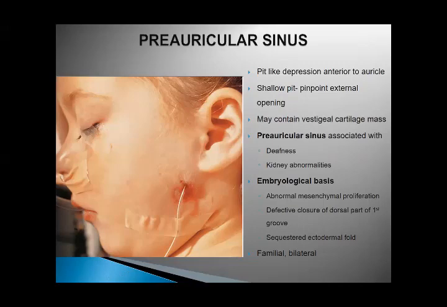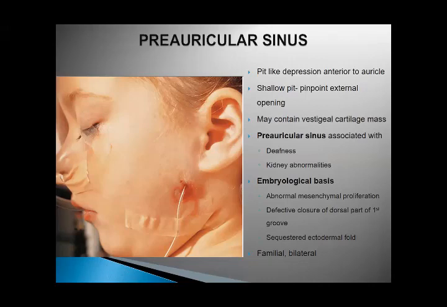ठीक है. अब why does this thing develop? या तो there is abnormal proliferation of mesenchyme at this particular site, or first groove जो है उसकी closure में defect है.